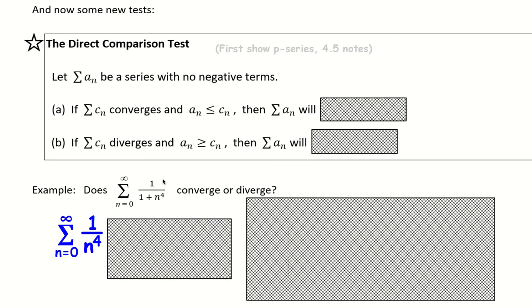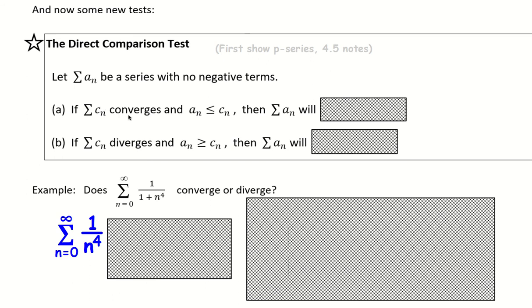Let's say you think it's comparable to this other series, and you can figure out easily whether that one converges or diverges. So here's how you can run this direct comparison test.